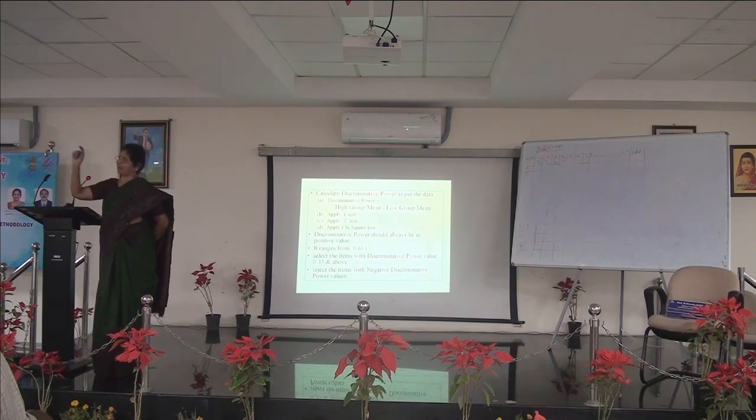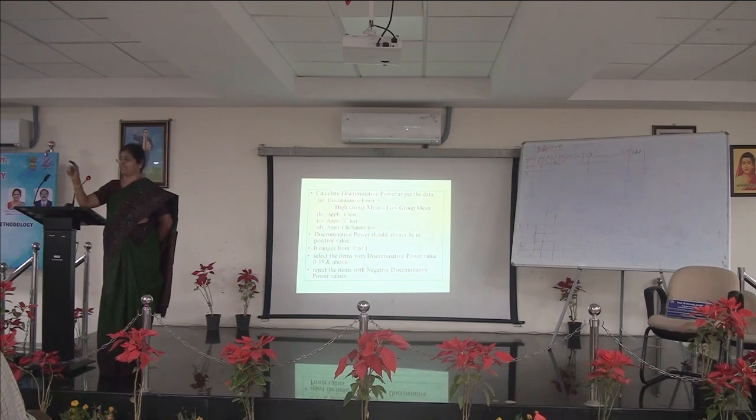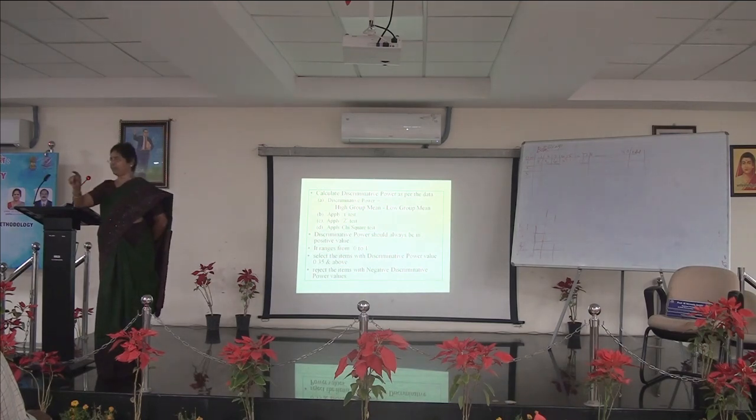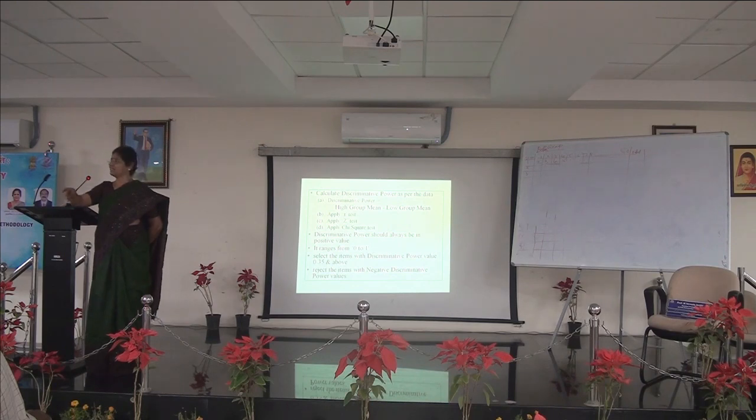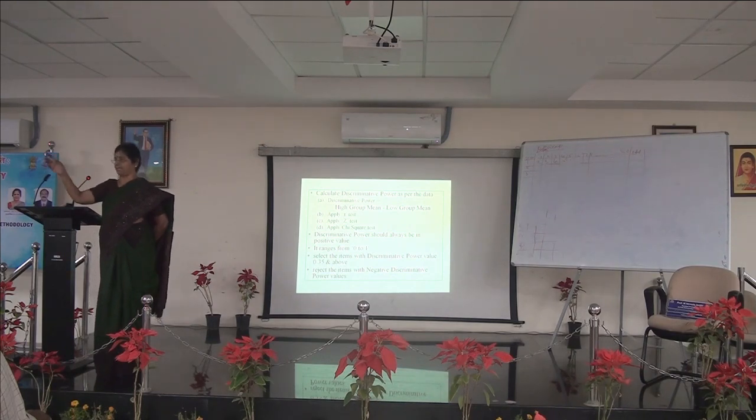Similarly, draw for all items, and draw 2 parallel lines vertically at 0.2 and 0.8, and column-wise also draw 2 lines at 0.2 and 0.8, and you get a square. Those items falling within that square, you choose. The remaining, you leave.